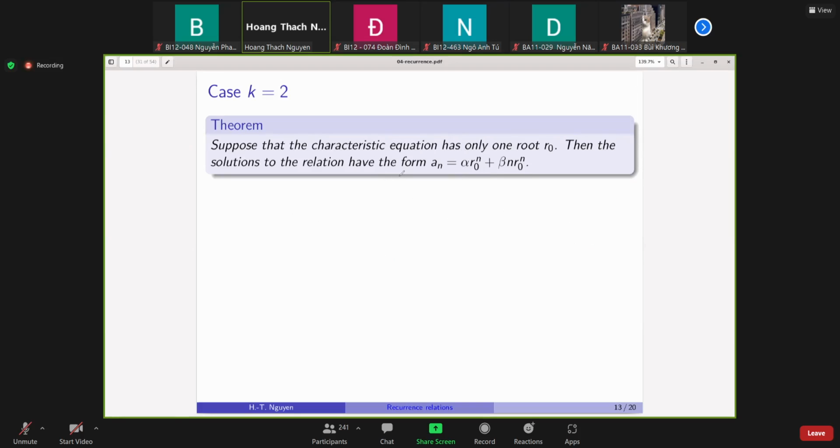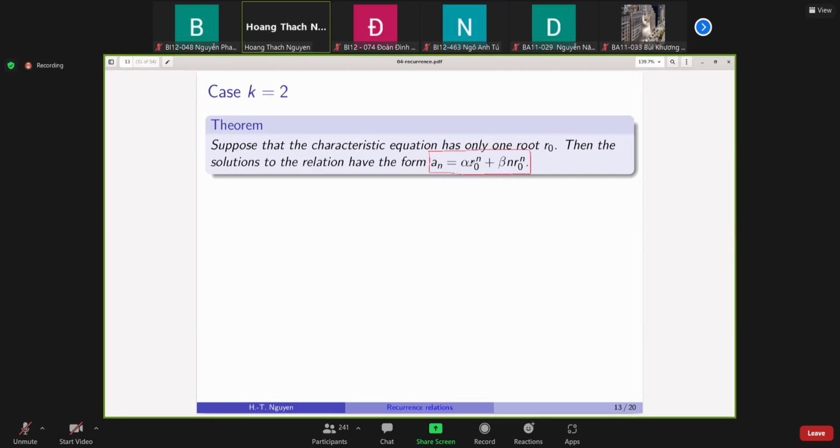So maybe for the curious boys and girls, you can try to prove this, but for the general audience, we will be happy with accepting this formula. Okay.